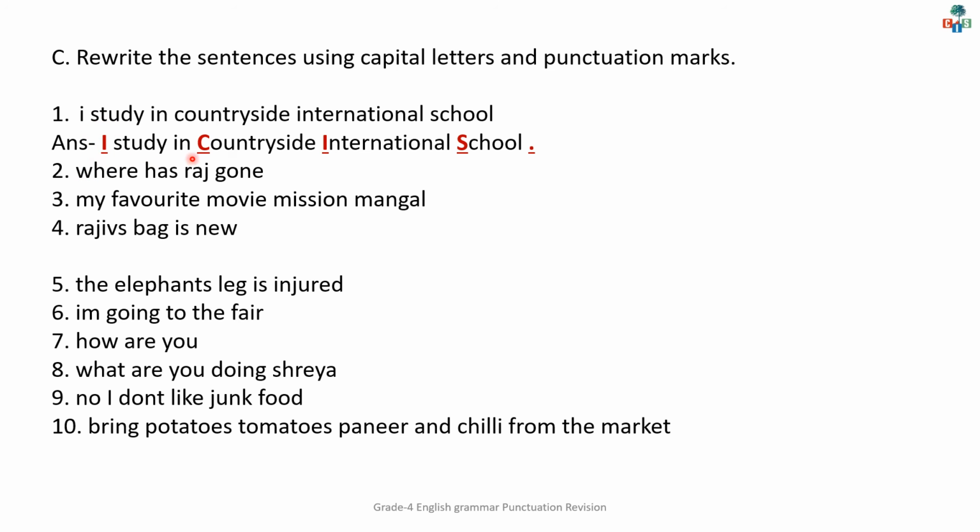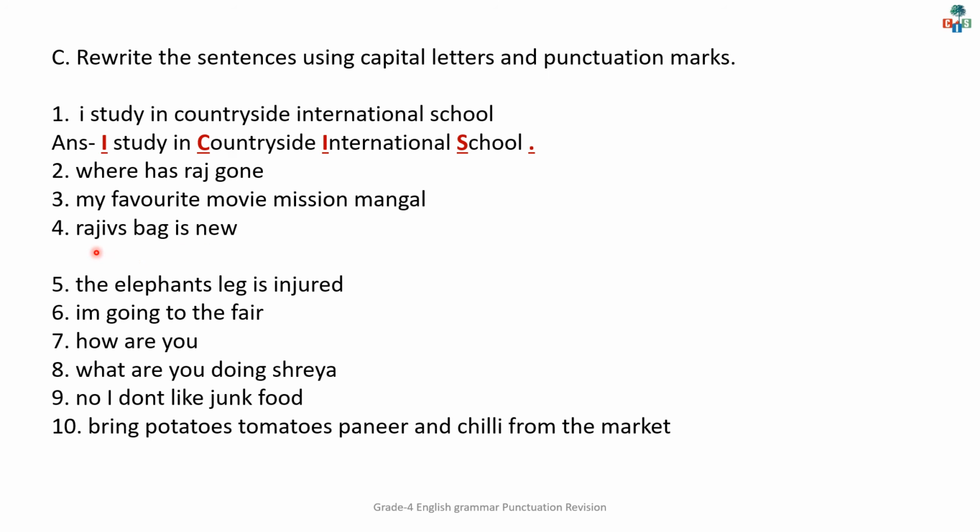I study in Countryside International School. Countryside International School is the name of an institution. It is a proper noun. So, countryside C should be capital, international I should be capital, school S should be capital. And at the end we will put a full stop because it is an assertive sentence.